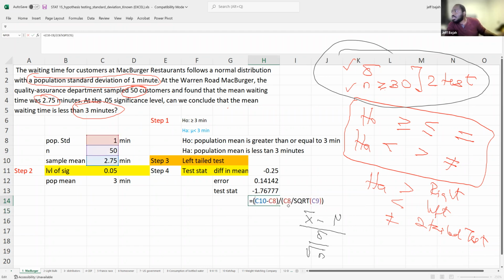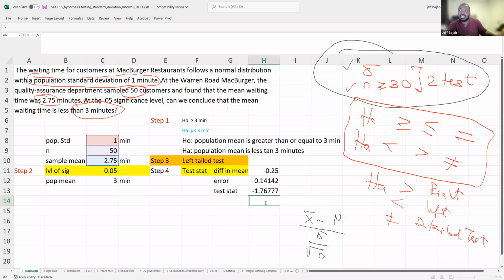Let me see if we missed something here. Standard deviation divided by the square root of n. So make sure that we got everything in parentheses. That is in parentheses, and this is in parentheses. Okay, something's missing here.